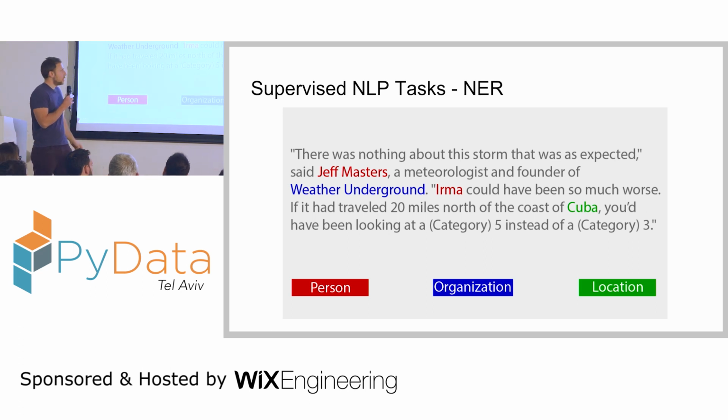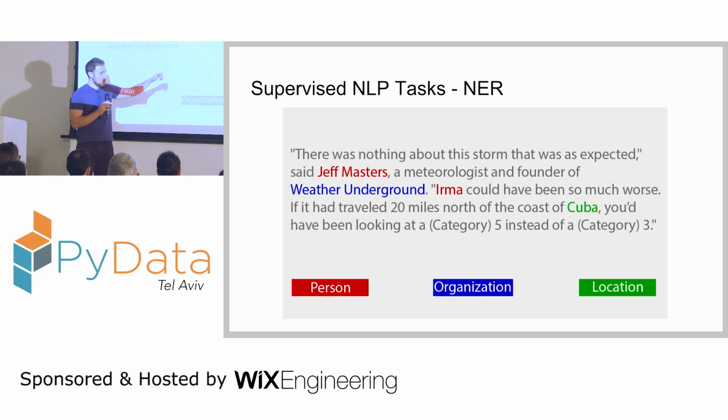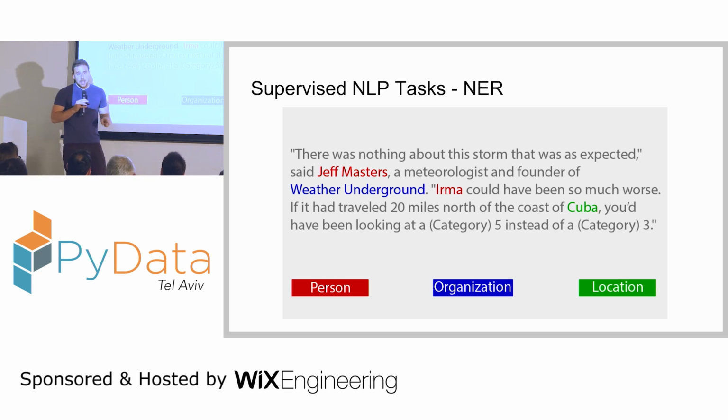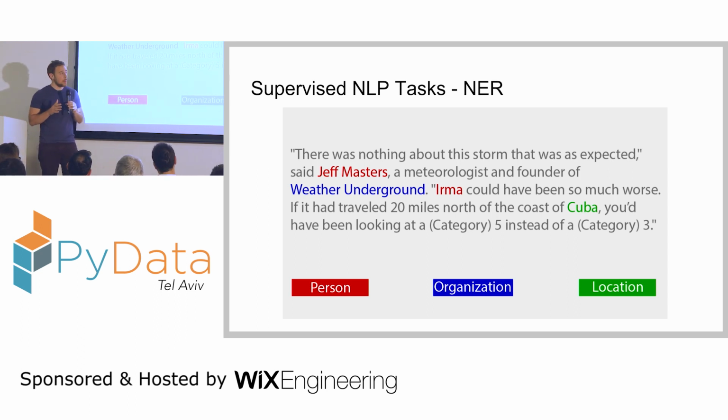And the model needs to find the entities within the text. For example, Jeff Meisters is a person, Cuba is a location. Okay? The NER task for today will be a little bit different. We'll try to predict the style of a text, whether it's bold, italics, underline, etc. But the same idea holds.